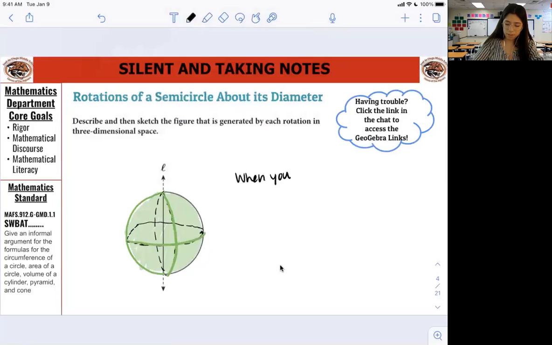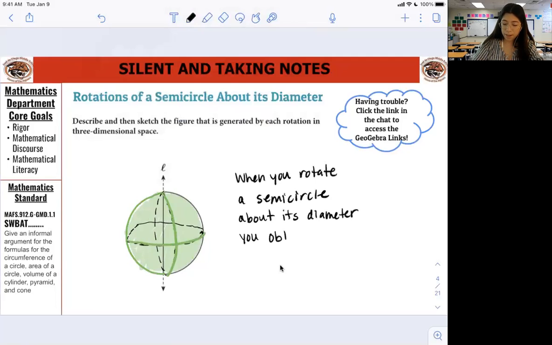A semicircle. Keep going. Good. So we would use the word about its diameter. Okay. You will obtain, that's the fancy word, you will obtain a sphere.